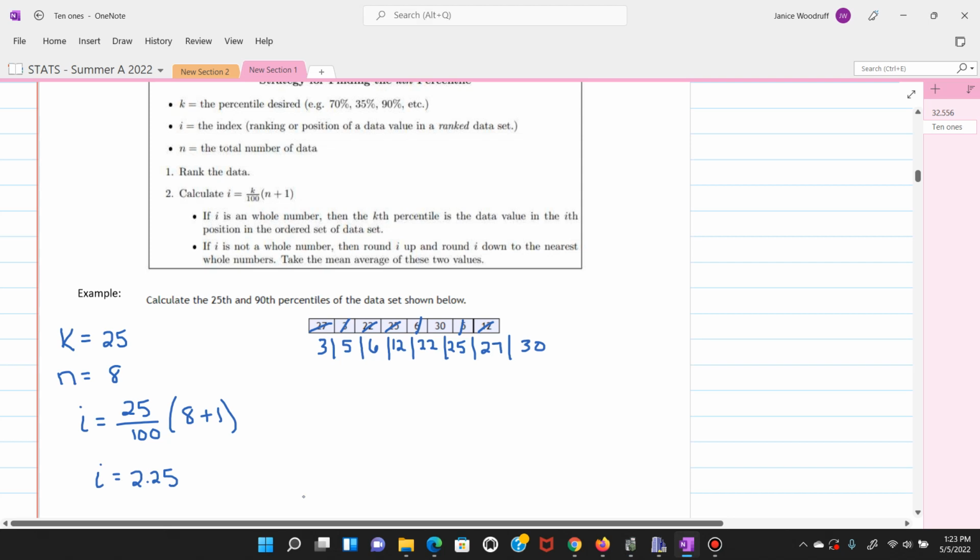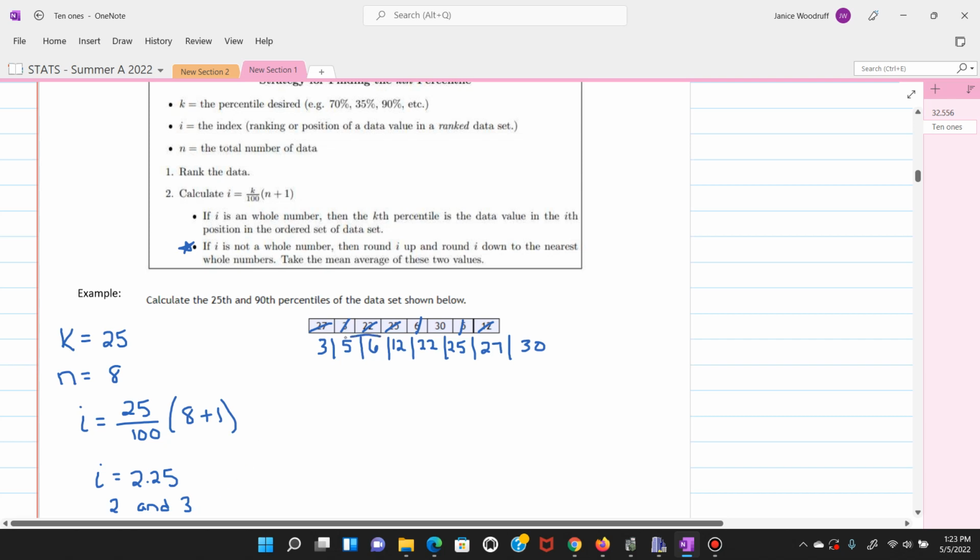I is the position. So 2.25 is not a whole number, so we're going to look at this situation right here. We're going to round I up and round I down, and then take the mean average of these two values. That means this is going to be 2 and 3, so I'm going to take the second and third numbers in my data set.